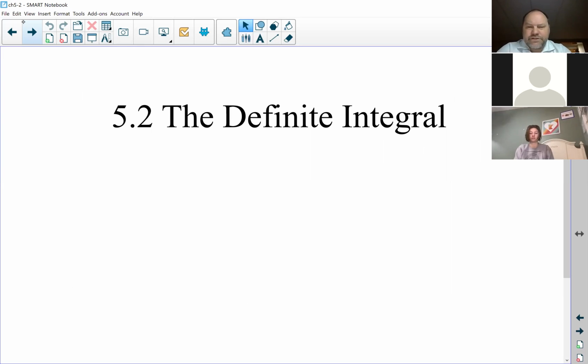So 5.2 starts our talk about this thing called a definite integral. And as I said on Tuesday, the integral is like the second half of calculus, with the derivative being the first half.